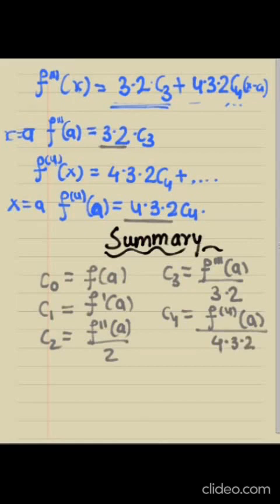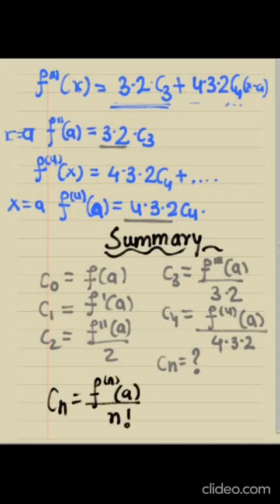I now ask you, what is the value of Cn? Pause the video and take a moment to think about it for yourself. So Cn equals f nth derivative of a over n factorial, right?